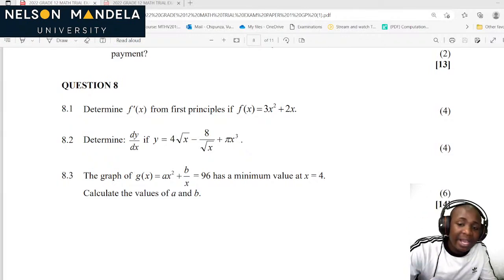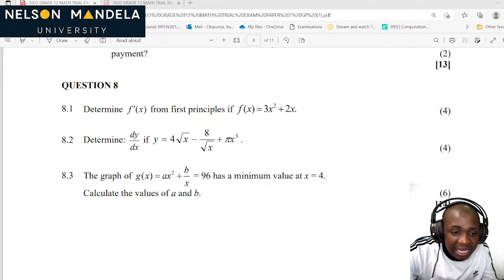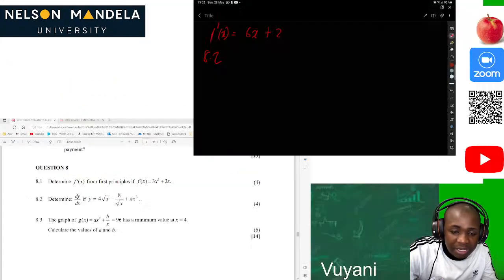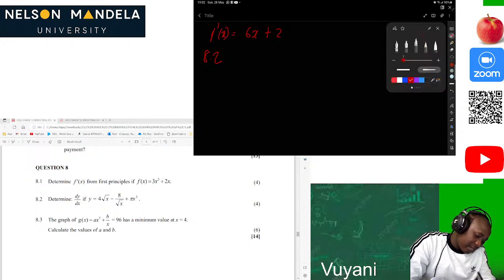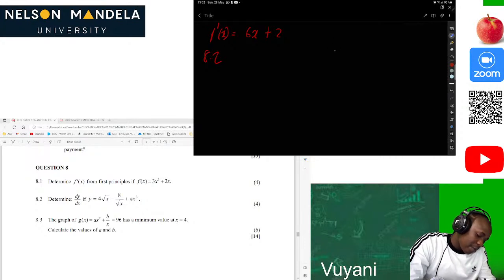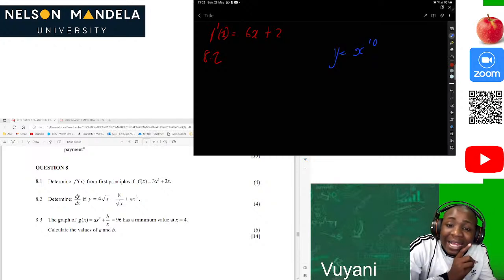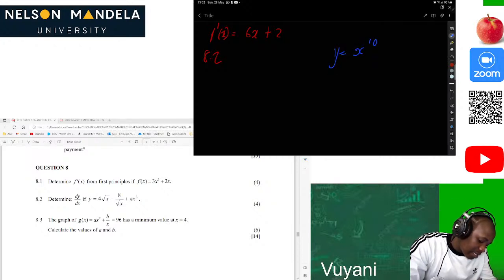So let me make a typical example first so that people are able to see that. We know that when we are given, let's use a different pen so that you see that, y is equal to x to the power 10, when we apply the power rule, it says that dy over dx will be equal to 10 times 1, that's 10x, then 10 minus 1, that's 9.